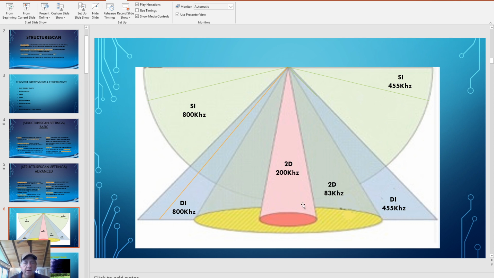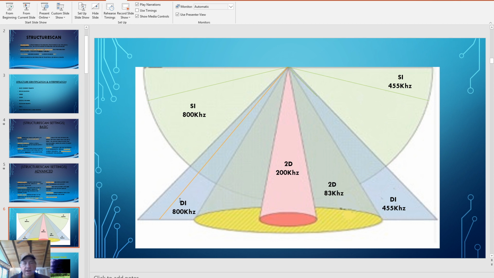So if you're on 200 kilohertz, that fish is never going to pass into that cone, leaving a sonar return. But if you were to switch to 83 kilohertz and that fish was right here, larger coverage area, you would get a sonar return, an image displayed of that target, that fish, just by simply switching to a lower frequency and thus a larger coverage area.